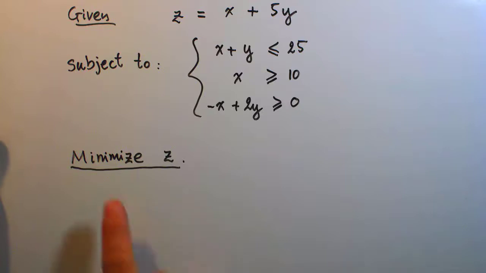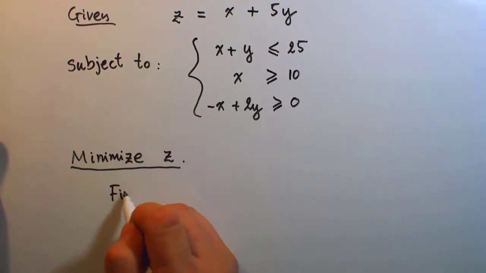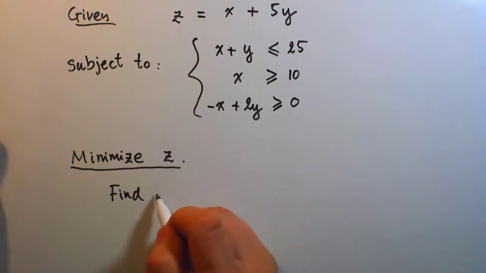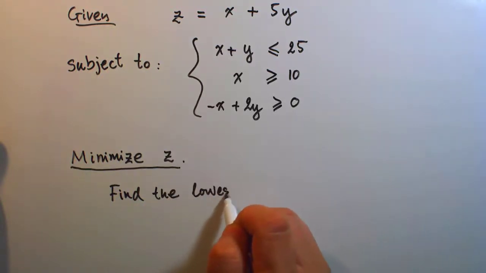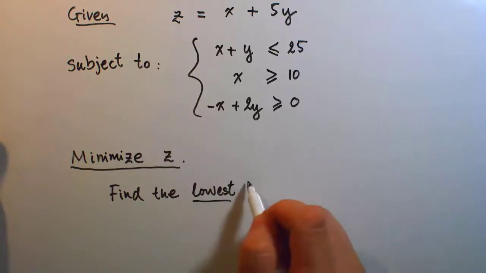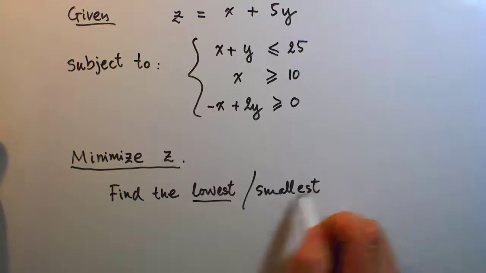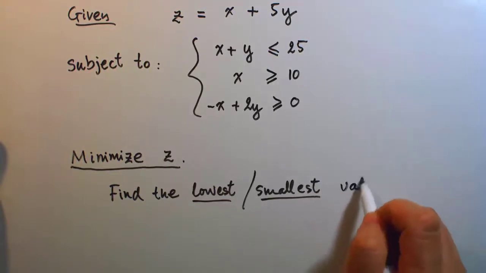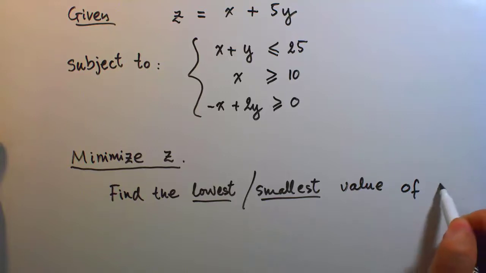And so minimizing z means, most importantly, find the lowest or smallest value of z.